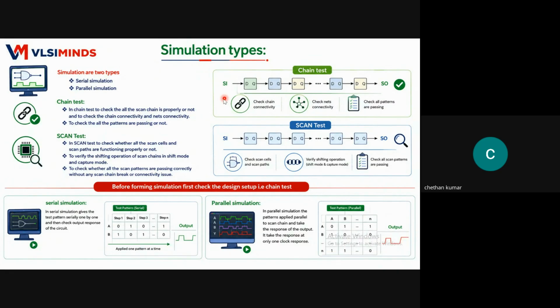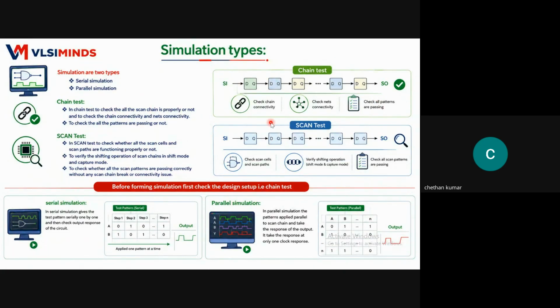Whereas in case of serial, whatever the length we have, that many clock pulses are required. For example, if we have 10 scan cells in a scan chain, that many clock cycles are required, one for the capture, and again for shifting out we need another 10 cycles.